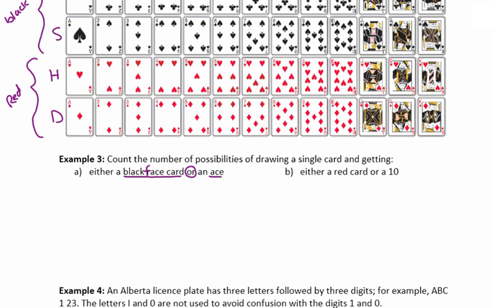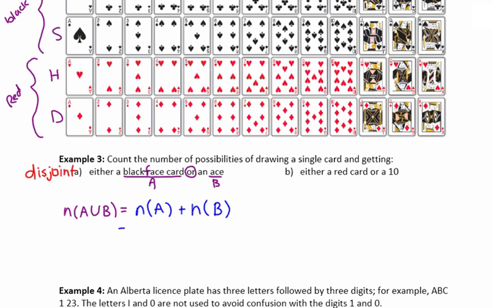So this is our A, and this is our B. Now, if we want the number of possibilities for A or B, the question is, are these disjoint sets? Can you have an ace that's also a black face card? No. So they are disjoint. So it's just going to be the number of black face cards plus the number of aces.